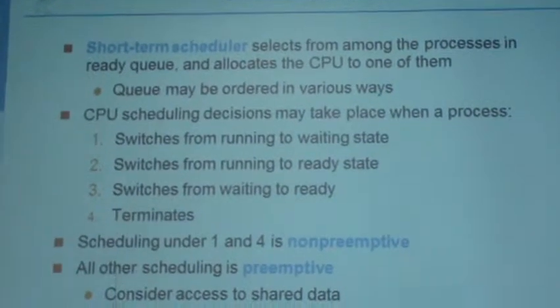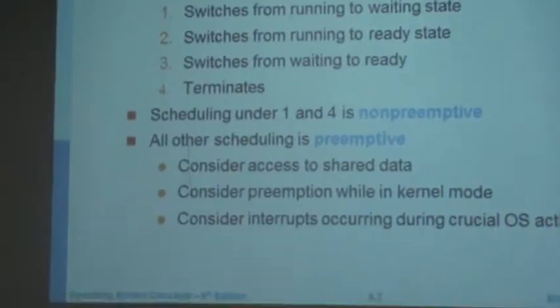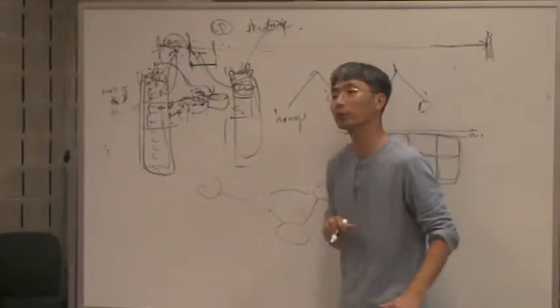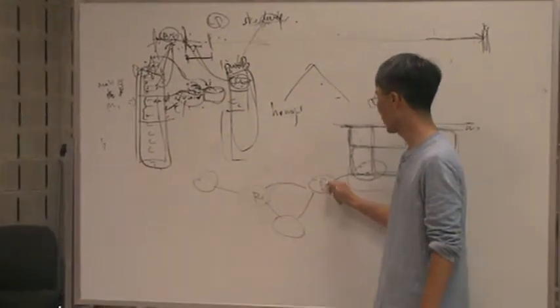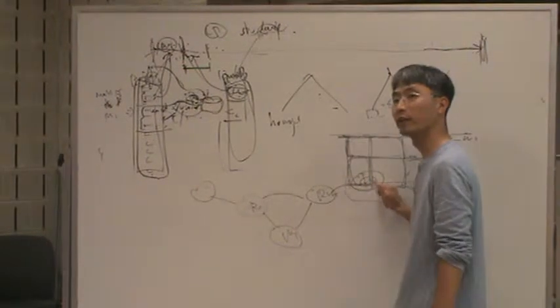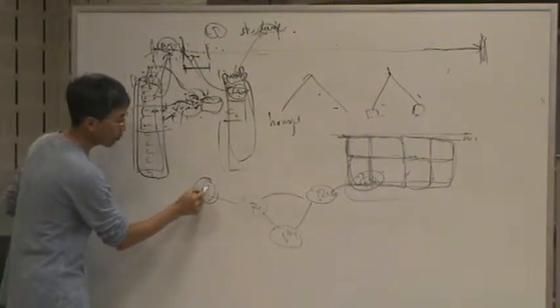Can you remember the 5 process states? New, ready, running, wait, terminate. So when you start the program, it's in the new process state.